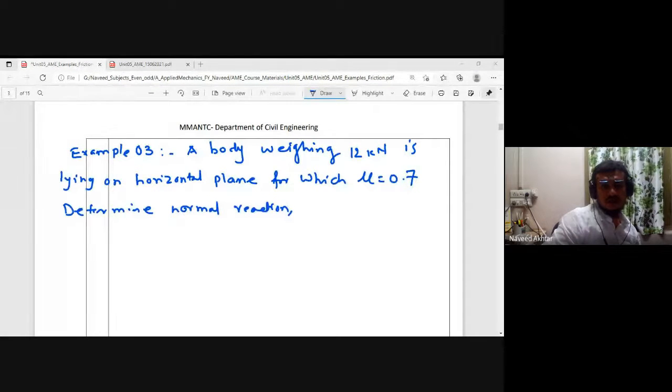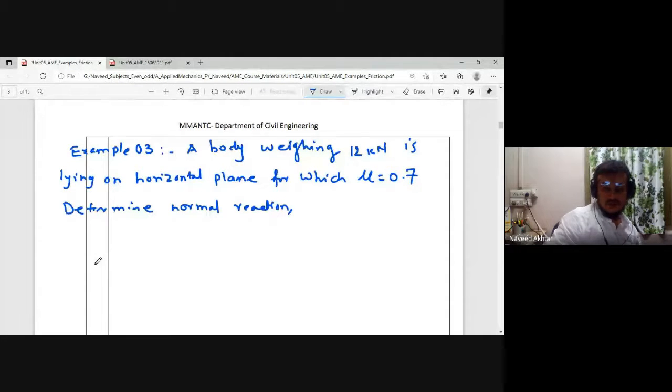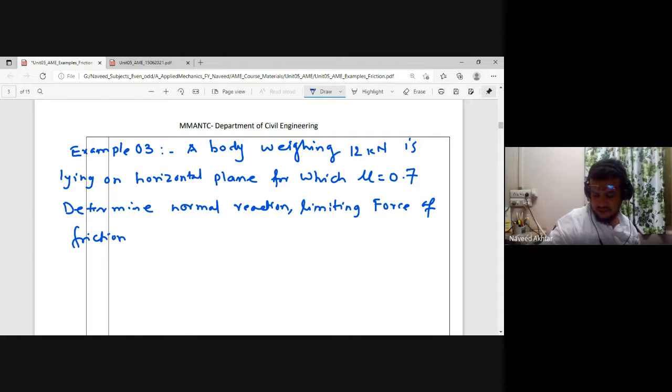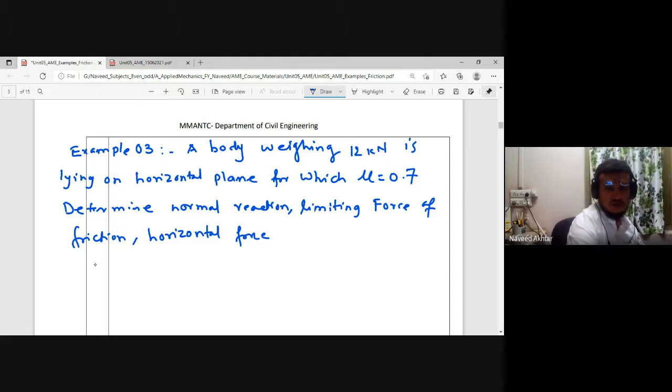Determine the normal reaction, limiting force of friction, horizontal force required to move it, and angle of friction.